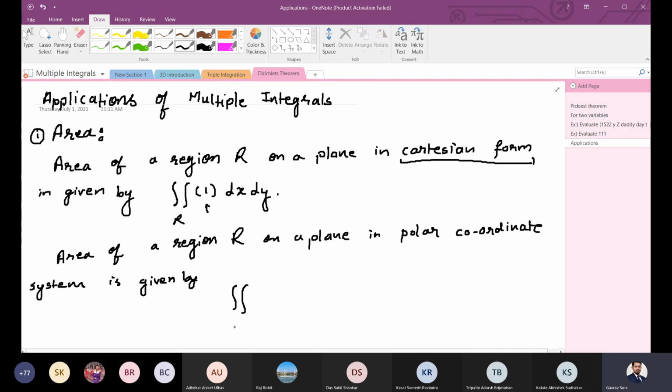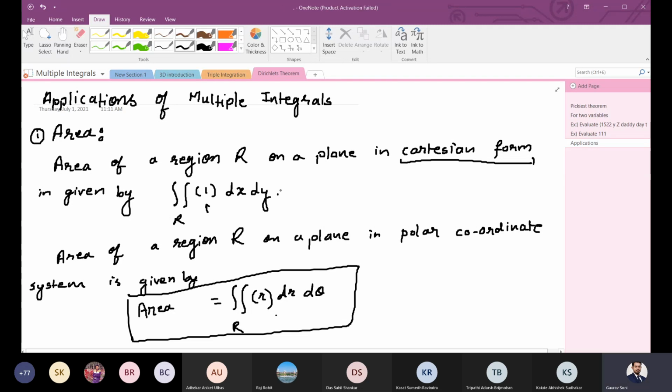You need to double integrate over R. As we said, the integrand is 1, but dx dy, when you convert it to polar form, becomes r dr d theta. So if you are working with the polar coordinate system and you need to find the area, the integrand becomes r. This is the area in polar form, whereas in Cartesian form the integrand becomes 1.